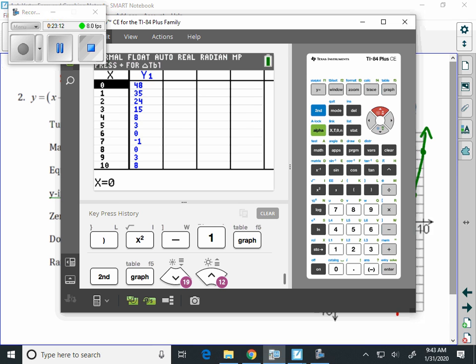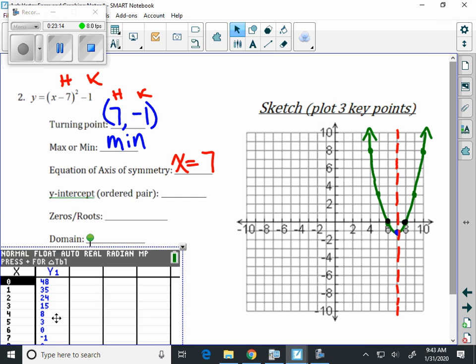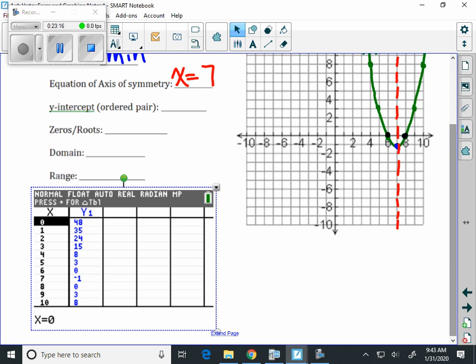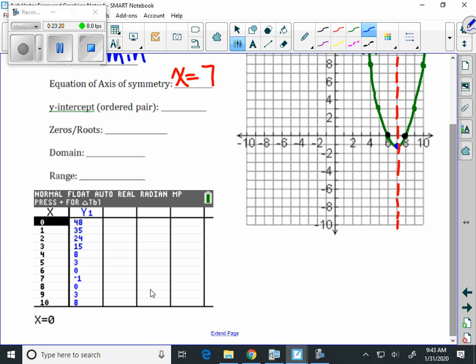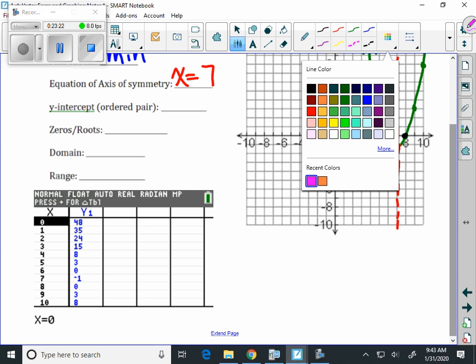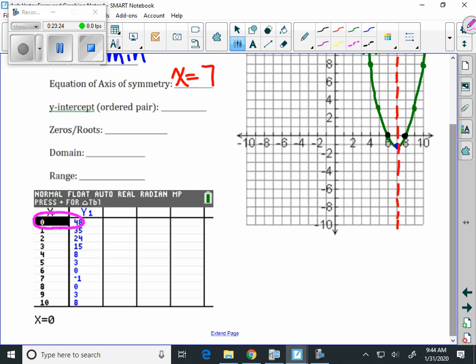We just have to use it on the table here. I'll circle this. That's our y-intercept. So when we put that in here, 0, 48.